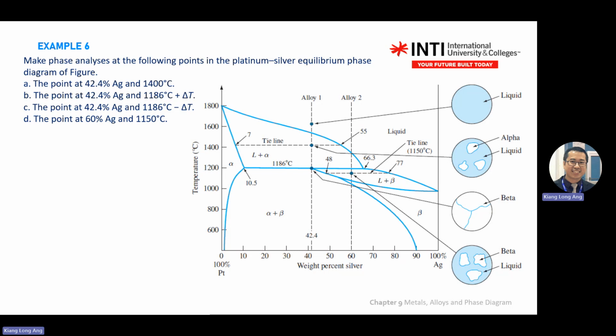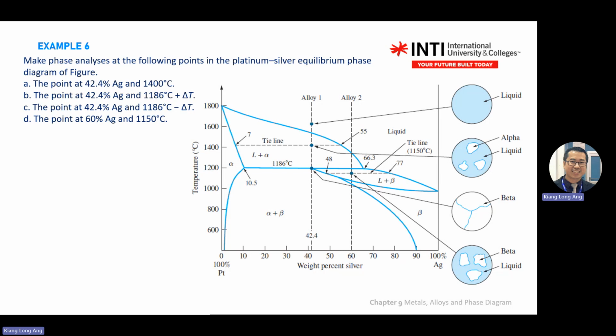What is the solid? Alpha. Liquid and alpha. So you should be able to draw what is the phase that you see inside the bubble. The question will ask you to illustrate what you see and what phases appear at that particular point. You need to illustrate with the figure. This is the figure that we are looking for.